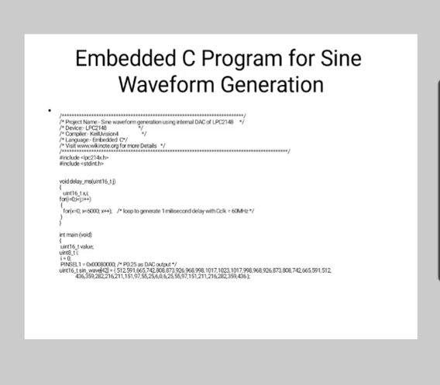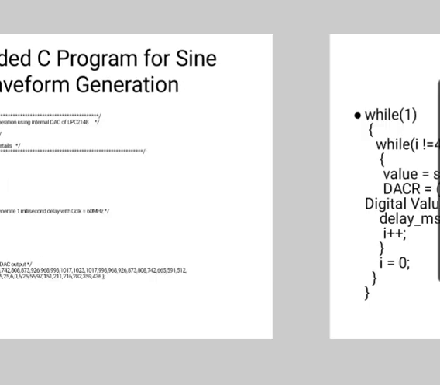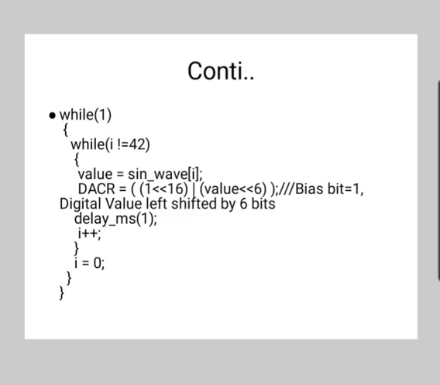Then pin select 1, that is P0.25 as the DAC output. Here the bias bit is 1; we have already seen the meaning of the bias bit, if it is 0 and if it is 1.